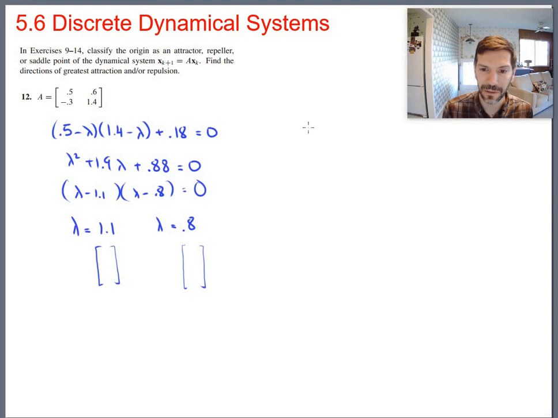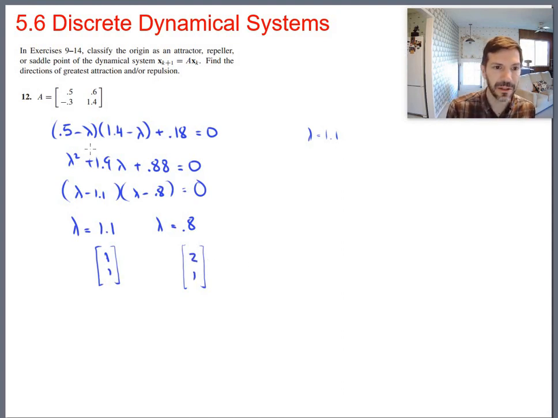So if we do 1.1, actually, you know what? You guys are good at finding eigenvectors at this point, so I'm going to cheat a little bit. So the eigenvector for 1.1 happens to be 1, 1. And the eigenvector for 0.8 happens to be 2, 1.